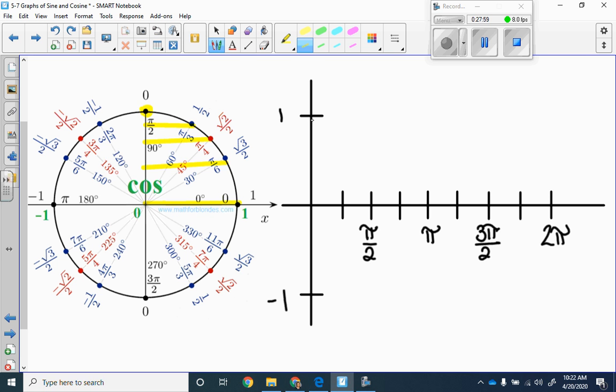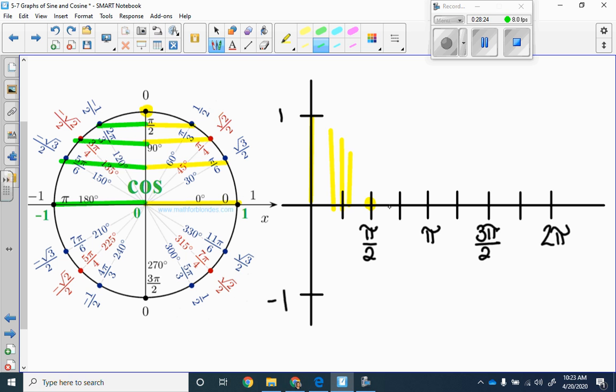When I see these on a graph this time, it's going to look something like this, because now I have to flip it over onto its side. And then notice that right when we get into the second quadrant, now you're working with negative values.